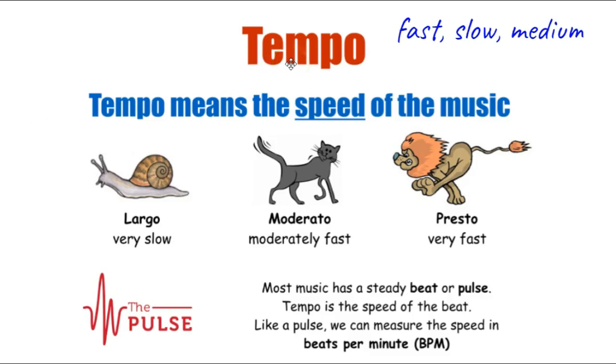This one I've used in class a fair number of times. Tempo is referring to the speed of the music. So in your blank, you're able to write down fast, slow, and medium. And this is referring to a lot of movement in music. To play some examples, we have some fast right here.